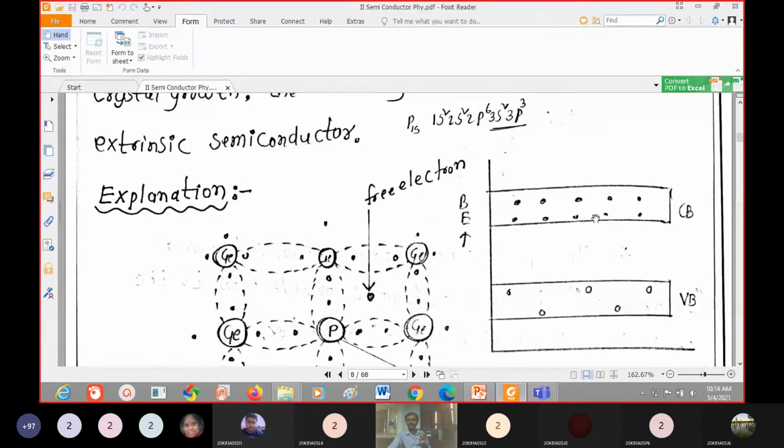So in an n-type semiconductor, the majority charge carriers are electrons and the minority charge carriers are holes. Compared to the holes, the electrons are far greater in number, and the number of electrons in the conduction band is very high.